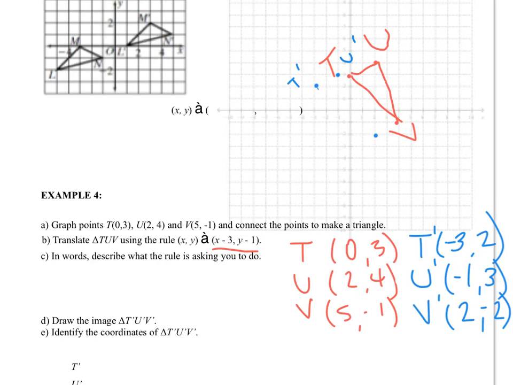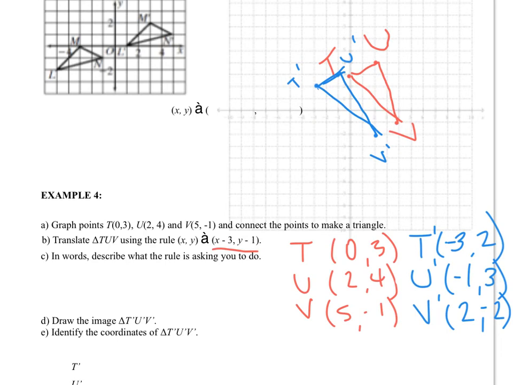And then over here, we end up with 2, negative 2, and that's going to be V1. And then we're going to connect our dots. Obviously not the best, okay? And that's what you should have right now.